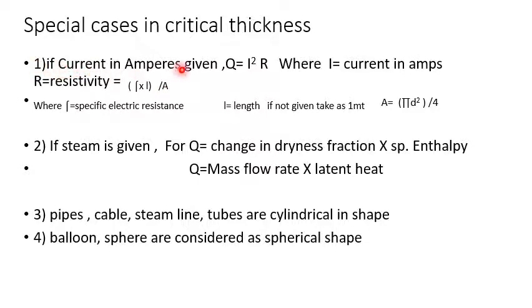So if the current is given, Q can be found by I square into R, where rho is equal to the specific electric resistance.